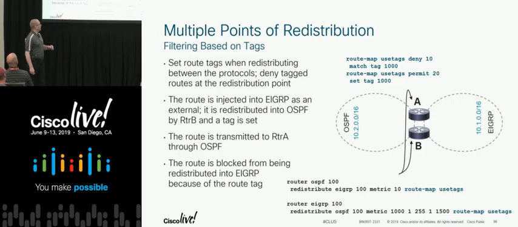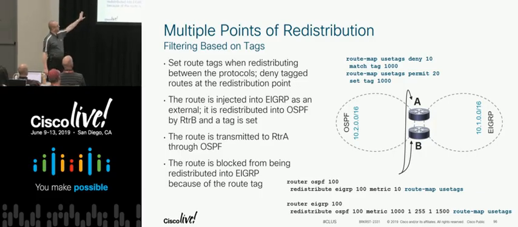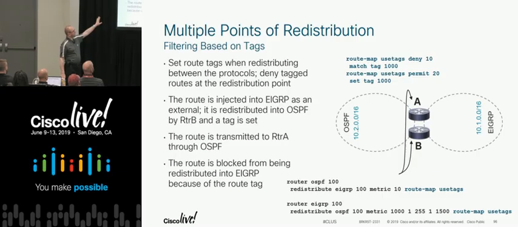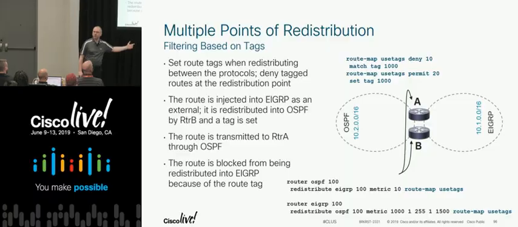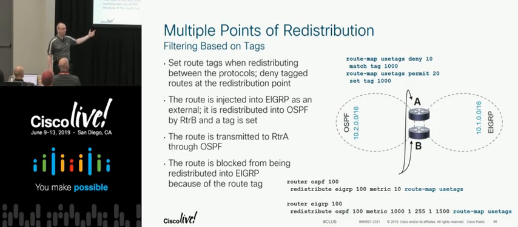And this is done using a route map, which is on the top, called use tags. In the first section, we simply search for the tag on the route. Does it have the tag of the value of 1,000? Okay, if it does, I'm not going to take it because the action in the heading of this section of the route map use tag says deny 10. Any route that has this tag will be denied.